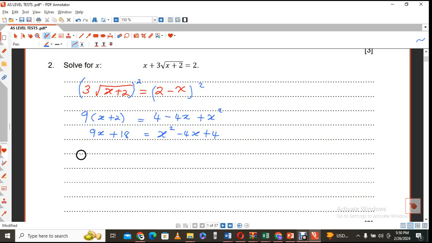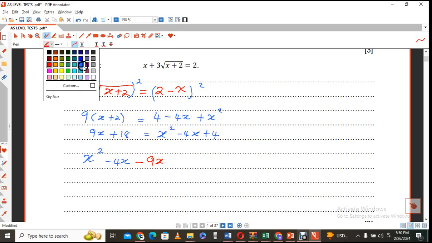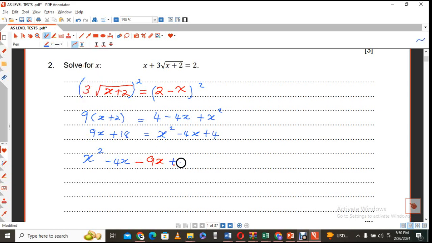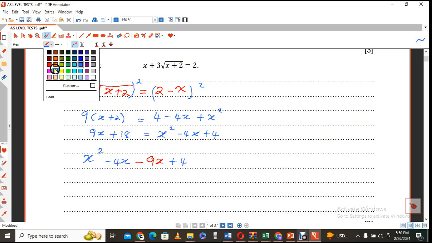Everything should equal 0, so I have x squared, minus 4x, then minus 9x because the 9x was positive on that side, and then 4 minus 18.